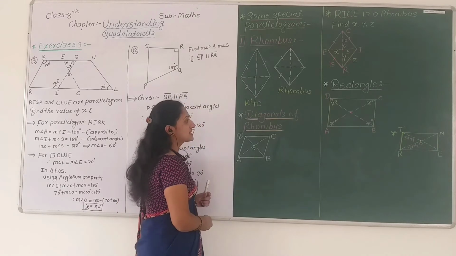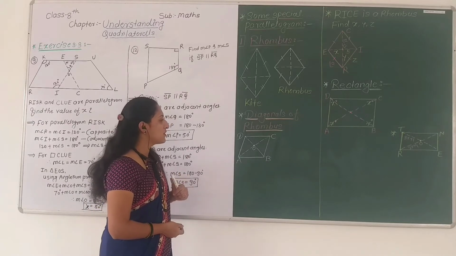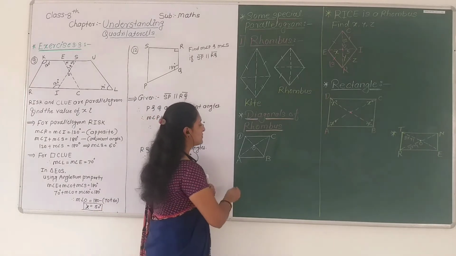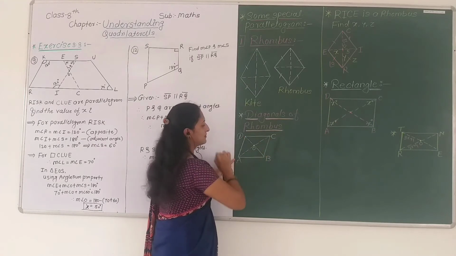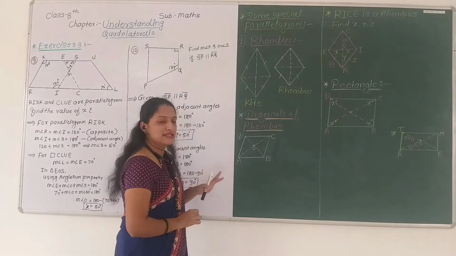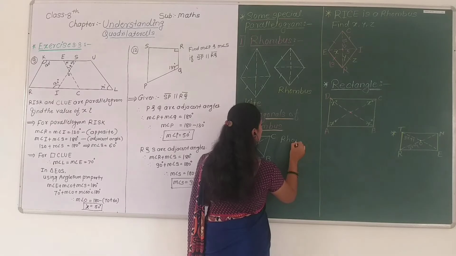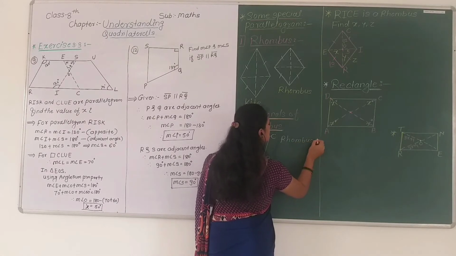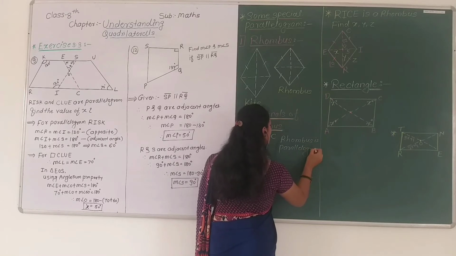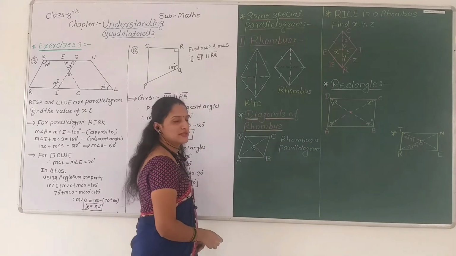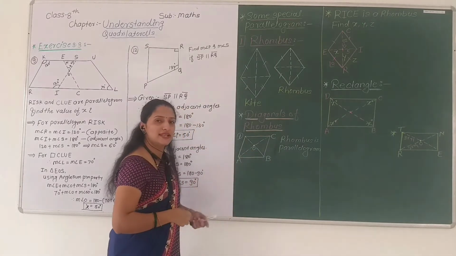Okay. Now let us discuss the diagonals of rhombus. For this, consider this rhombus ABCD. Since every rhombus is a parallelogram, opposite sides are same.